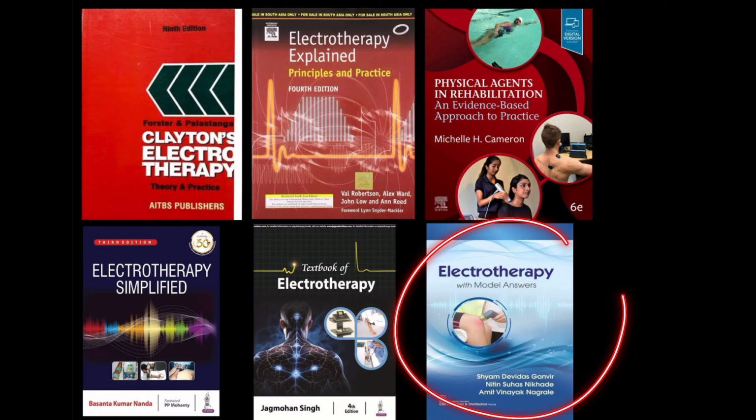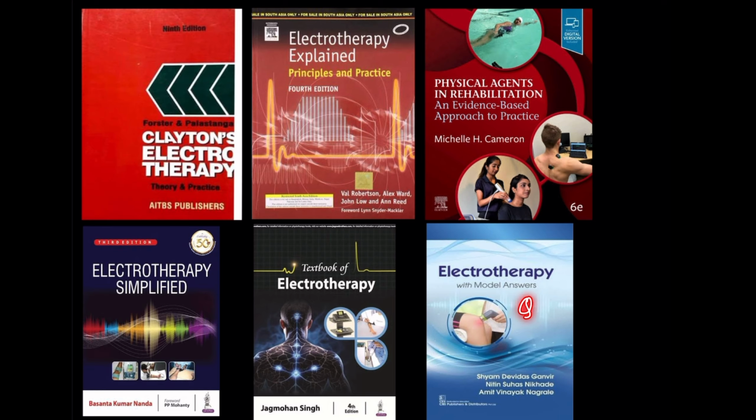See, this book, which is Electrotherapy with Model Answers, is basically in the form of questions plus answers. So I mainly used this in my first year because, see, when you are in first year, this is your first time you'll be giving university exams, and you don't have any idea about how to write in an answer sheet of MUHS, or how much content to present in a 3 marker, in a 7 marker question, in a long answer of 15 marker.